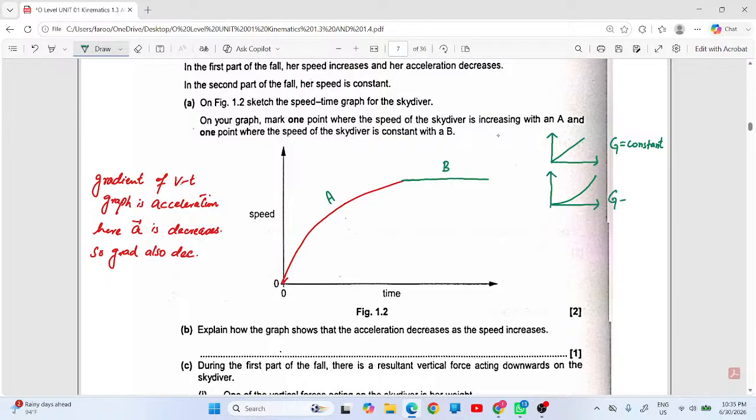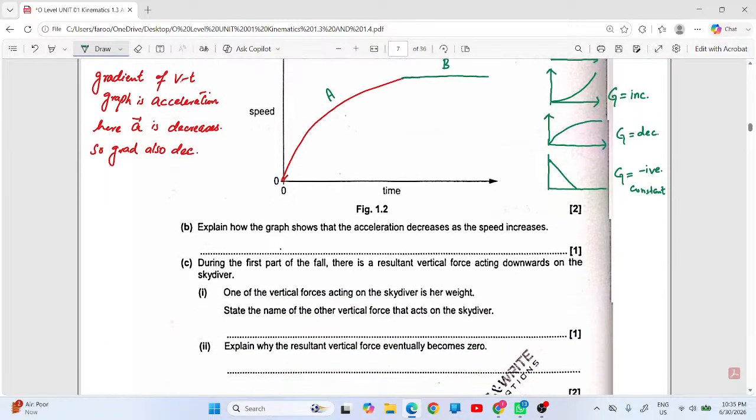Here gradient increases, and if the shape of the graph is in this way, it means gradient decreases, and if the shape of the graph is in this way, here gradient is negative. Gradient is constant, नेगेटिव, also constant. Just for revision ये मैंने बताया.